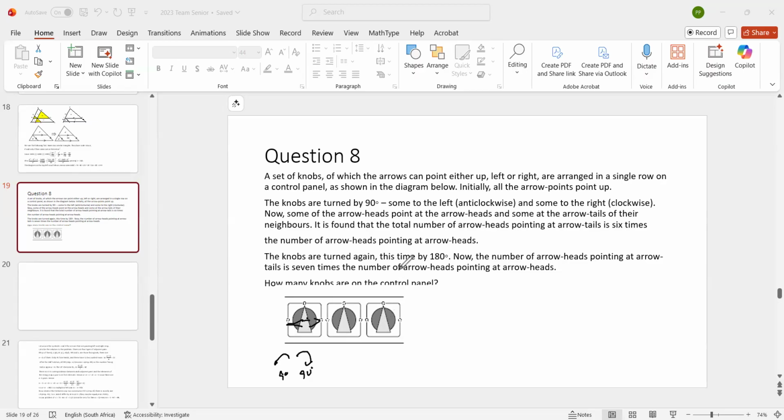Okay, now what they are saying in this problem is that when you turn it like this, you have these arrowheads. I'm going to draw the arrowheads like this. So you may have a situation like this.